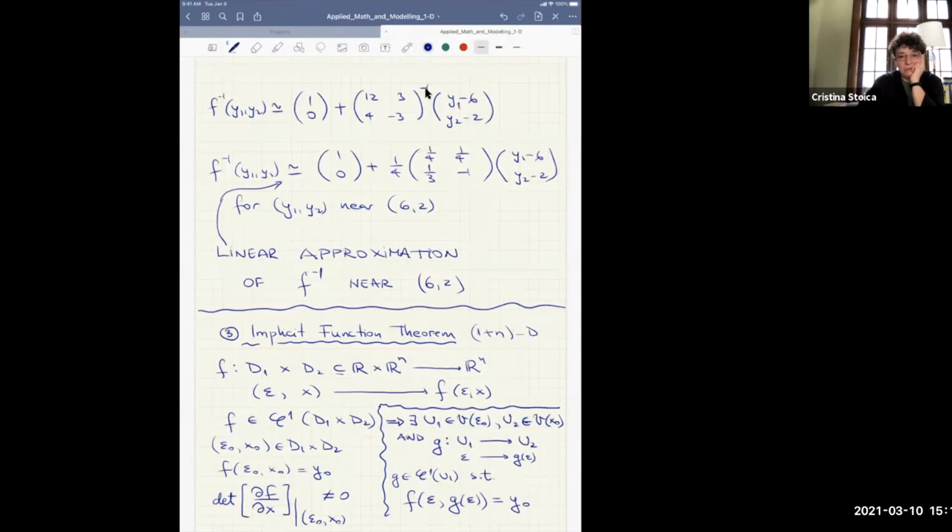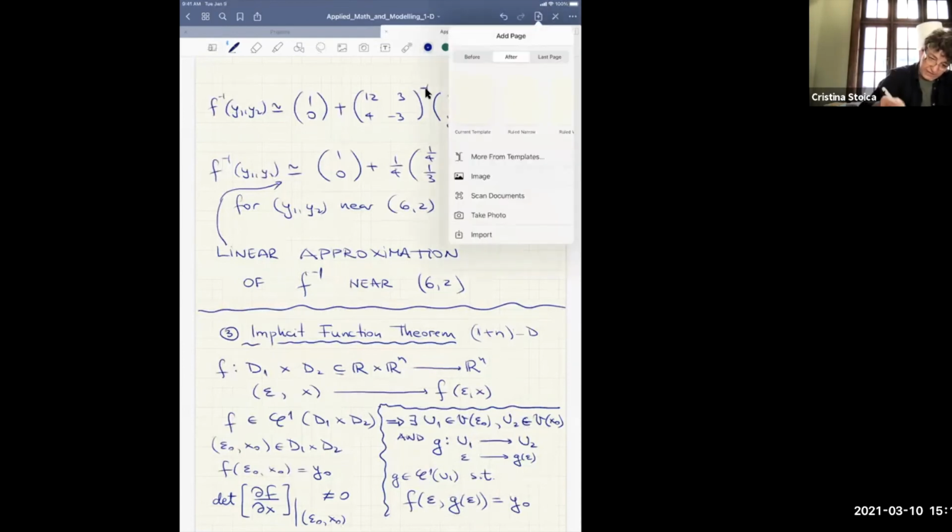I'm letting you write the statement, and then I'll make a picture for it, which is essentially the picture I started with today. Sometimes people call this g of epsilon x of epsilon. So here is a picture for this statement.